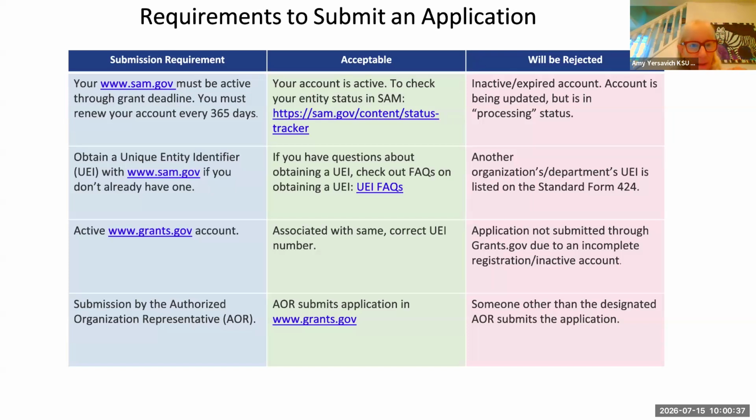Obtain a unique identifier, and that is done through sam.gov. If you have any questions about that, there are FAQs that provide information about the unique identifier so that you can make sure that you do actually have that. You don't want to have another organization or department's UEI, and that's critical.